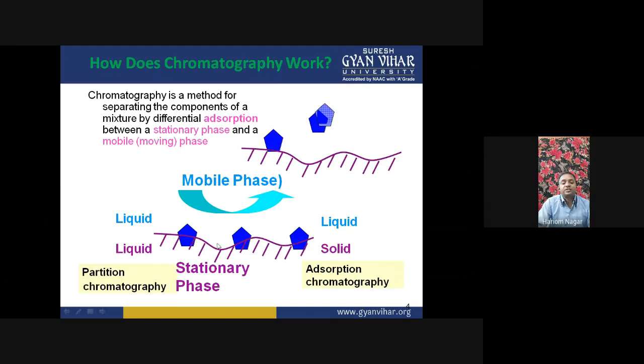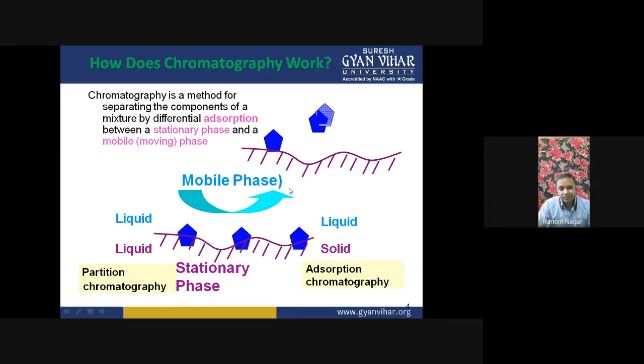Either the stationary phase is present on an open surface, or in an open column, or maybe in a flat closed column. The stationary phase may be a plane surface, or it may be packed in the column. So this is the stationary phase, and this is the mobile phase.